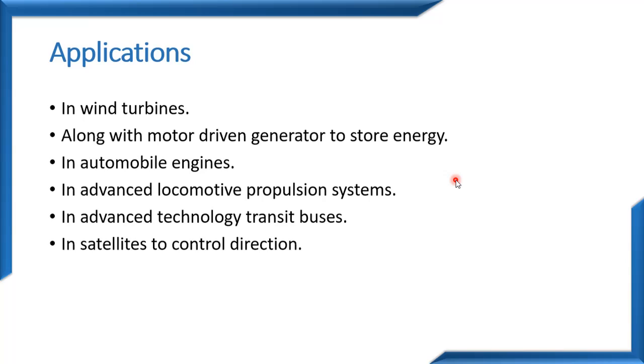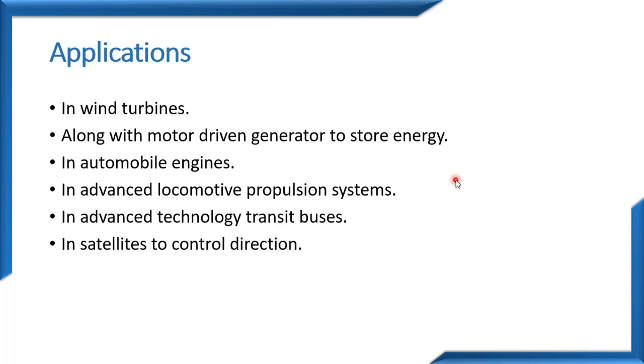So we use the flywheel to keep the system running even if there is a break in the energy supply. In automobile systems, we know that the energy supply is not continuous. We supply energy at different times, in different strokes.